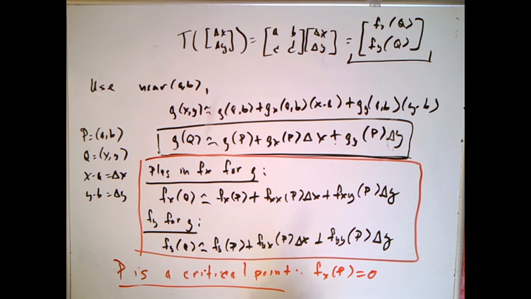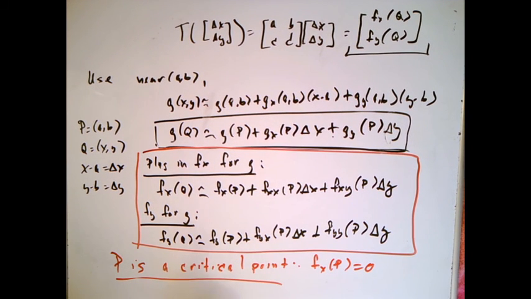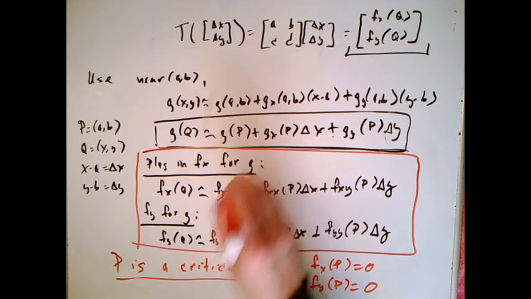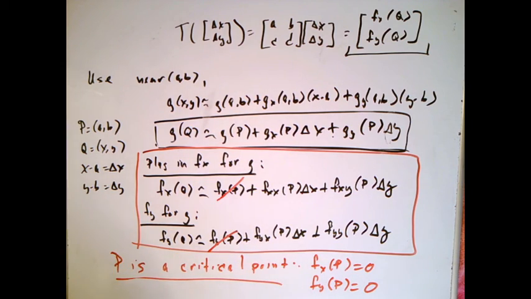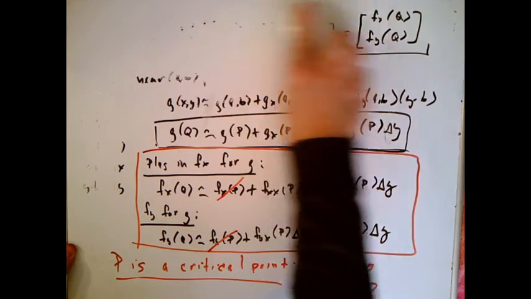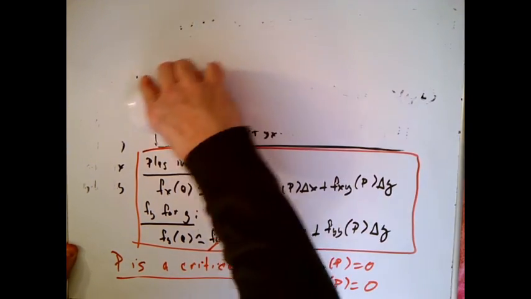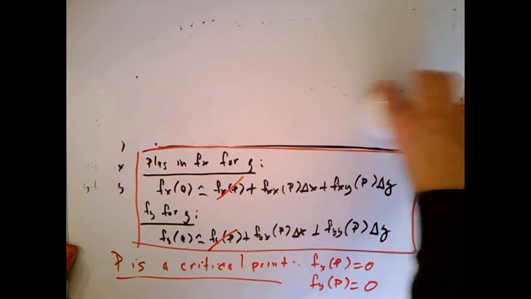That's usually how we find it, right? We take the partial derivative with respect to x and we set it equal to 0. Same thing with respect to y. We get f_y of p equals 0 like that. Now that says, in this great big mess right here, I can cross off that, and I can cross off that. And I'm going to write those two equations again at the top. It's going to take a minute. I think it'll be worth the time.